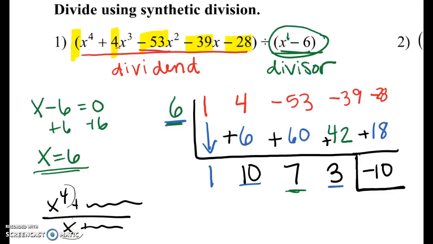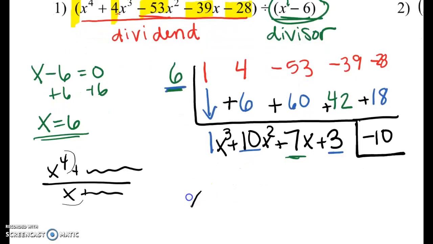We are going to get x cubed as our result, right? Next would be x squared. Decreasing by 1, I would have an x. And there's what I get. So my quotient, my answer here, is x cubed plus 10x squared plus 7x plus 3.